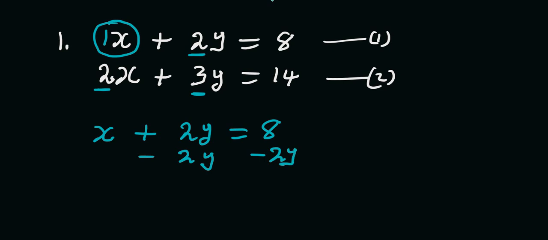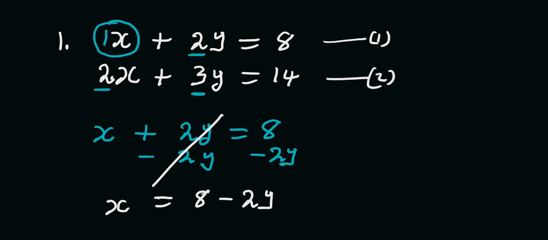So when you subtract 2y from both sides, you have plus 2y minus 2y, which becomes 0, so this will cancel out. So now we are left with x on the left side equal to 8 minus 2y.